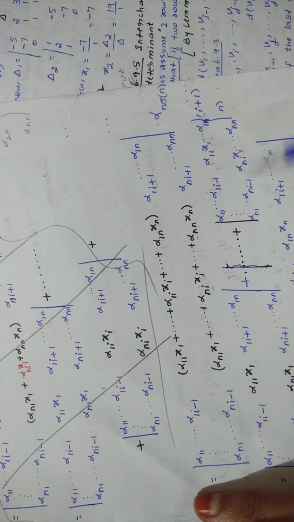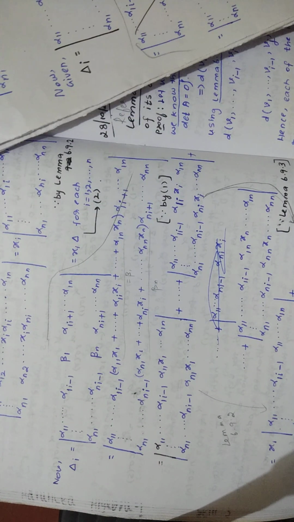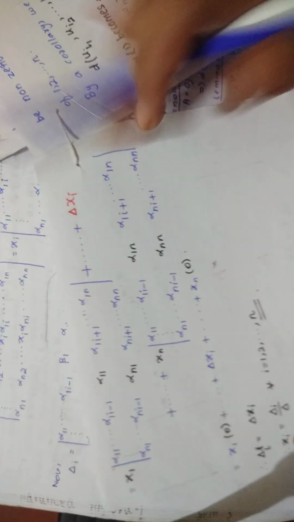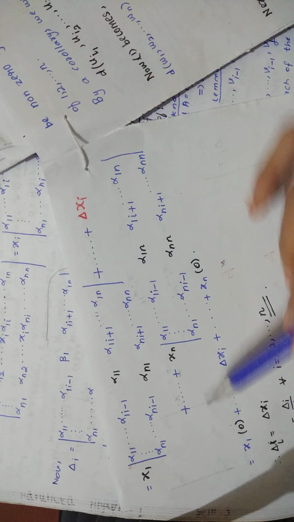So here in the place of this you are substituting xi delta. Can you understand that? Yes, you will understand. Okay, so you are writing delta xi plus etc.